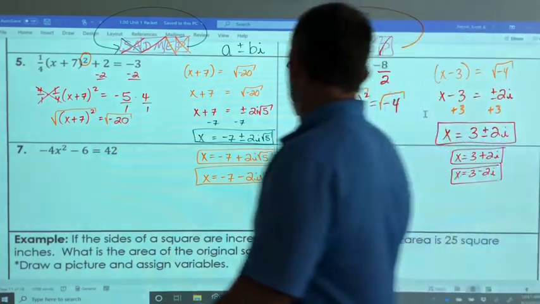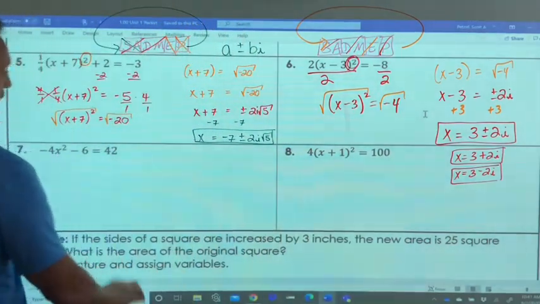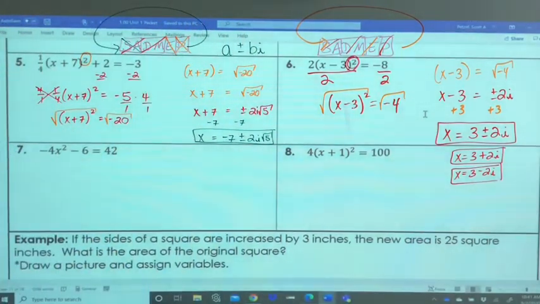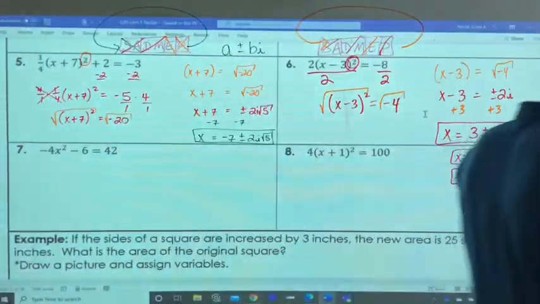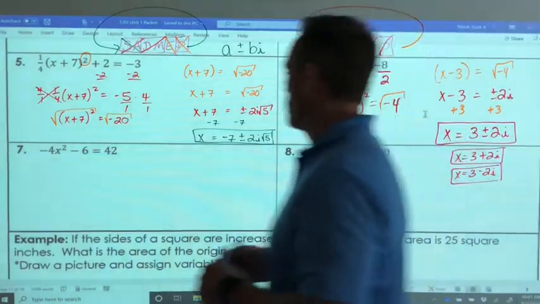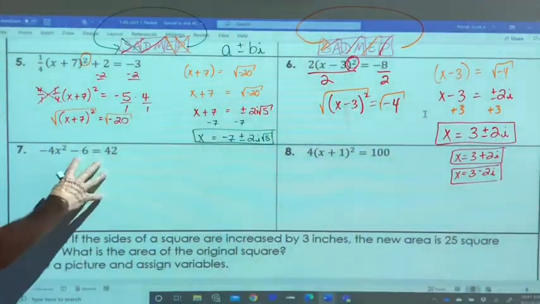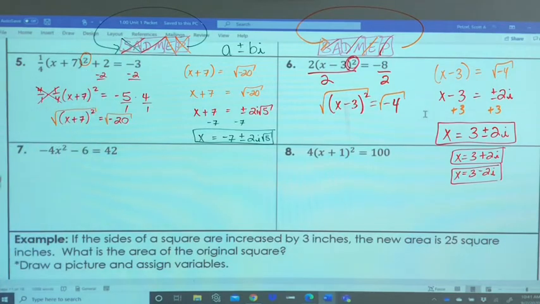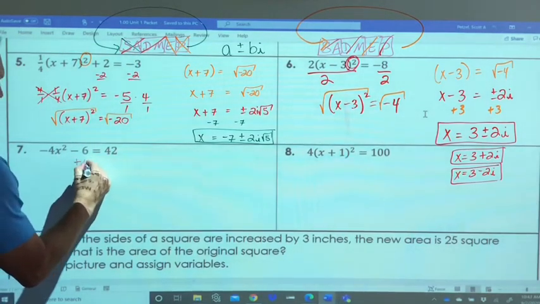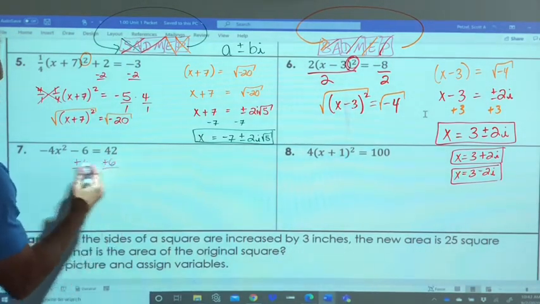Okay, I'm going to let that sink in, leave it there while I do the next one. Again, reverse PEMDAS. Try a little bit different colors just to mix it up so everything doesn't blend together so much. Okay. Subtract, add. Add 6, add 6.